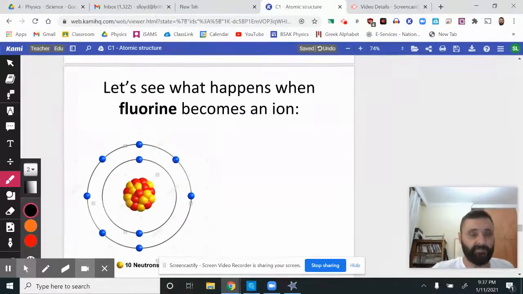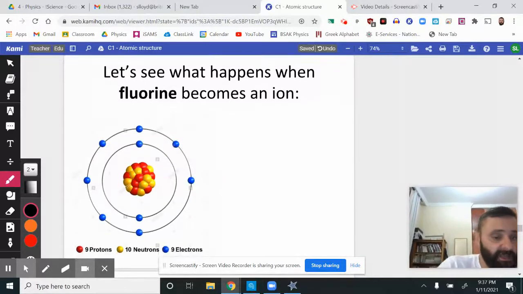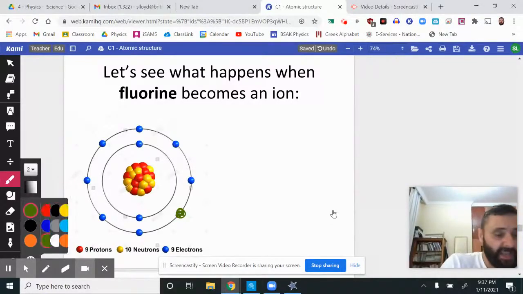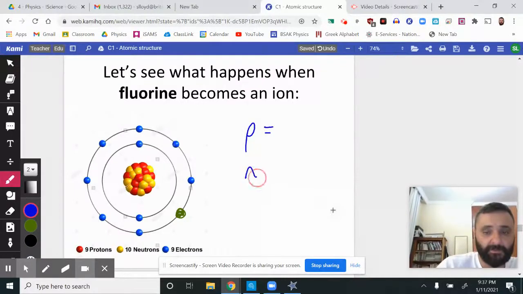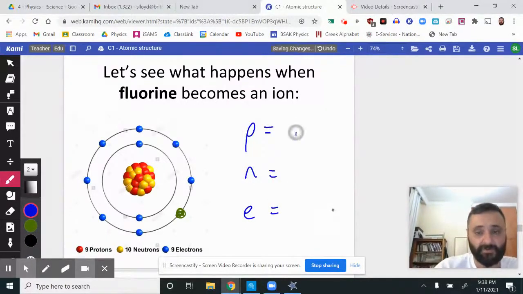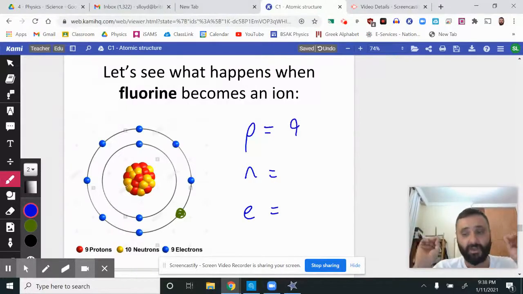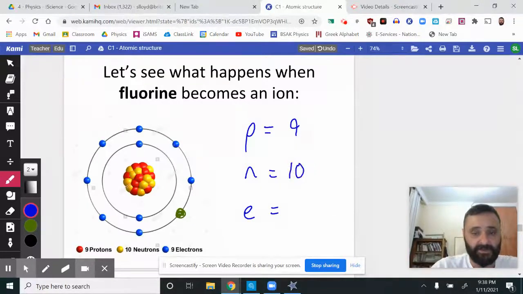Right, we did the same with fluorine, but fluorine does something different. It doesn't lose electrons, it gains 1, doesn't it? So if it gains 1 electron, let's have a look at this. Protons, neutrons, electrons. It's still got 9 protons. Like I said, with ions, nothing happens to the nucleus. So it's got 9 protons. It's still got 10 neutrons.